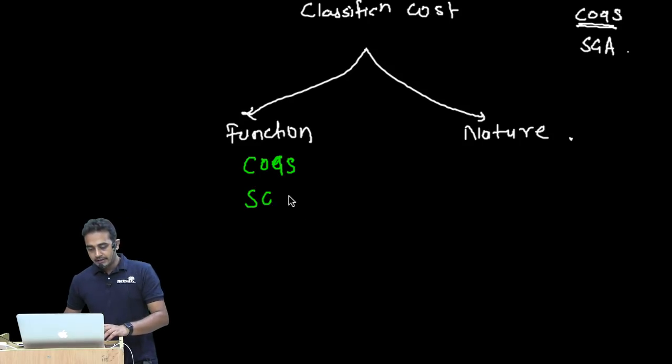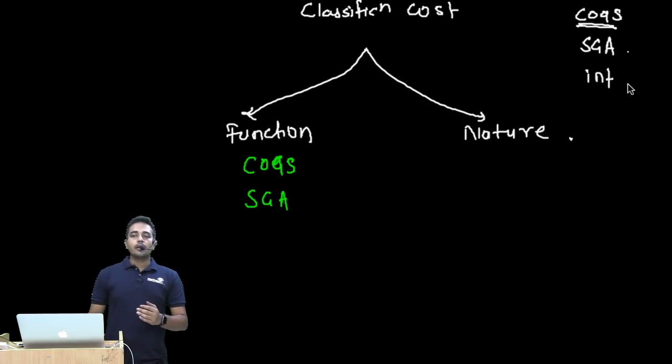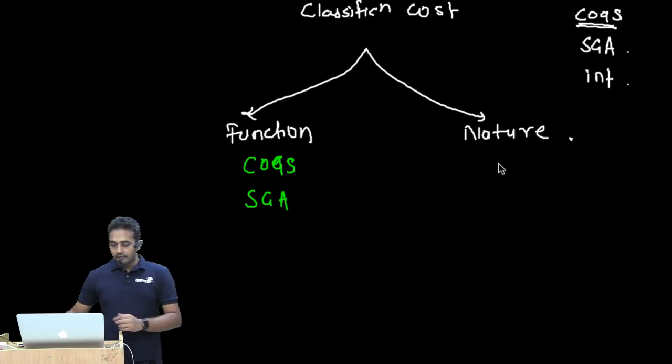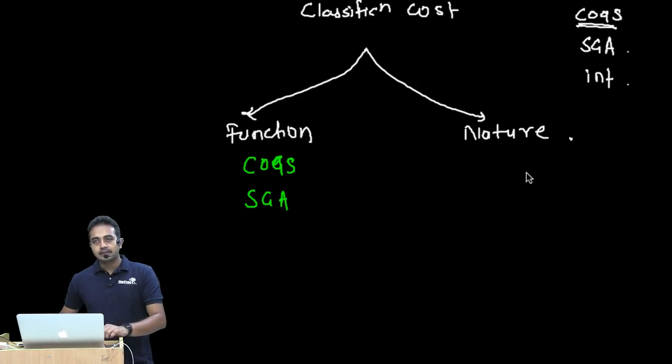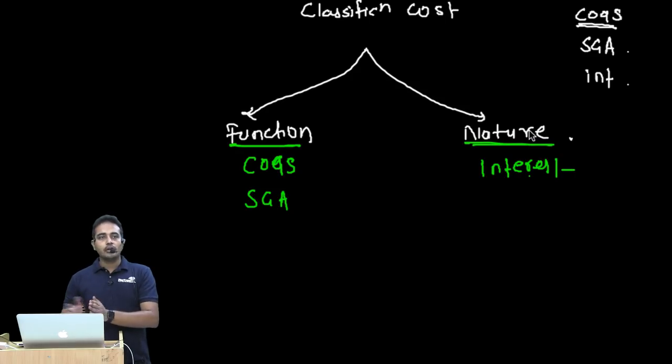So SG&A gets classified here. But think of interest. Interest cannot be a function and therefore we typically would classify interest as nature. Are we okay with this? So that's how costs could be classified, either based on function or nature.